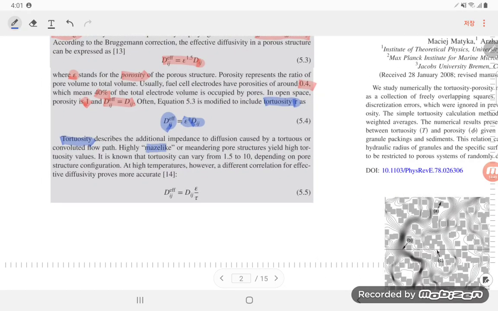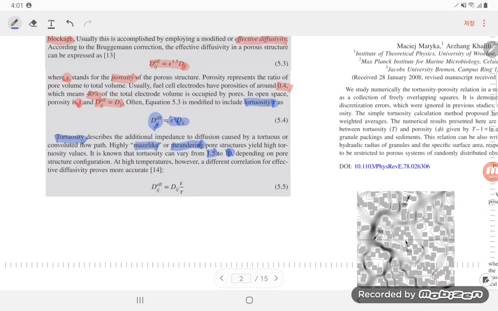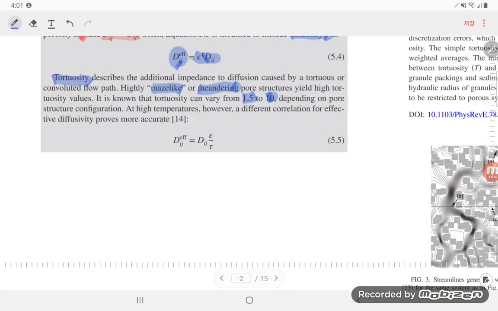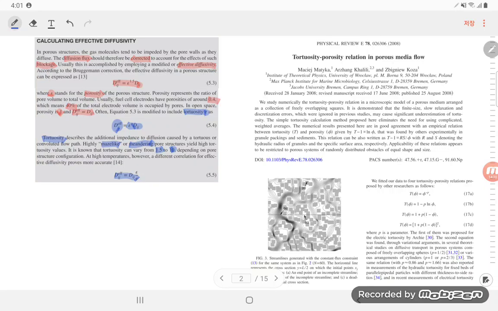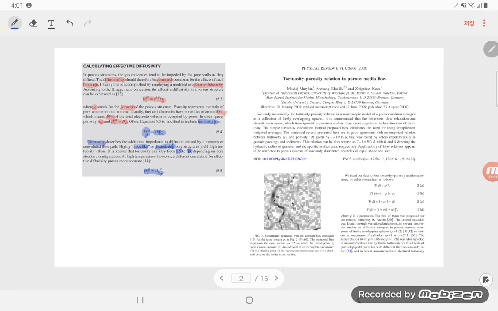A highly maze-like or meandering pore structure yields high tortuosity values. It is known that tortuosity can vary from 1.5 to 10, depending on the pore structure configuration at high temperature. However, a different correlation for effective diffusivity proves more accurate. So you can choose one equation among these three equations.